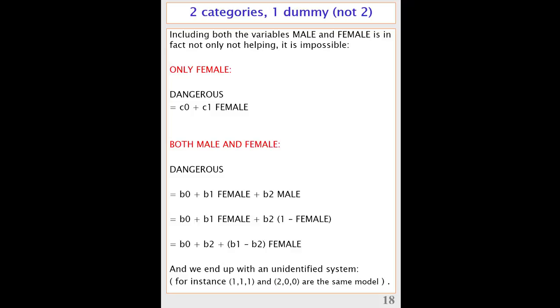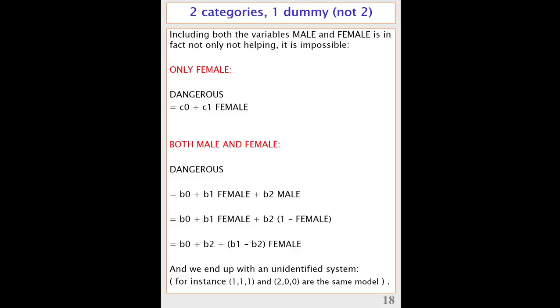So this means that this model, with these 2 variables in there, is necessarily the same as that model over here. And this is not identified. Here I can come up with different sets of answers that will give you exactly the same model. For instance, a 1 for B0, B1, and B2 would work, and a 2, 0, 0 would be exactly the same model. So this is showing why having 2 of these dummy variables in there is not a good idea.